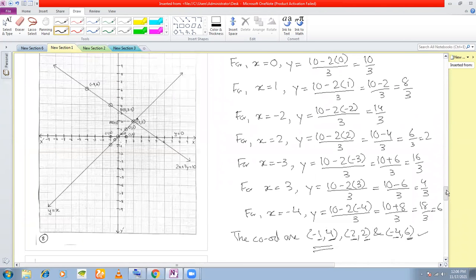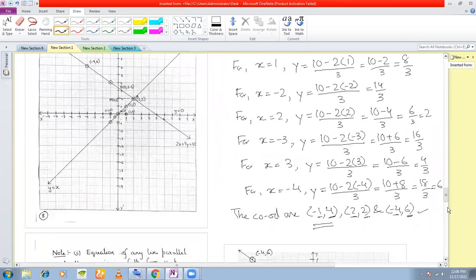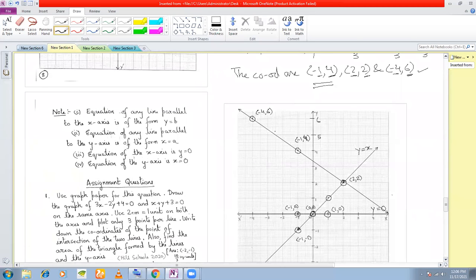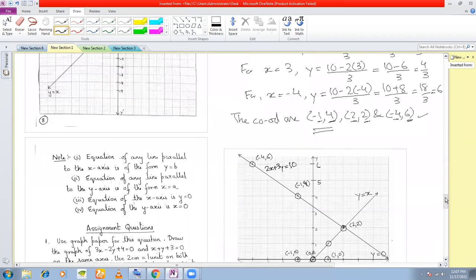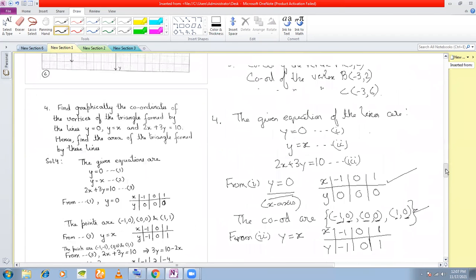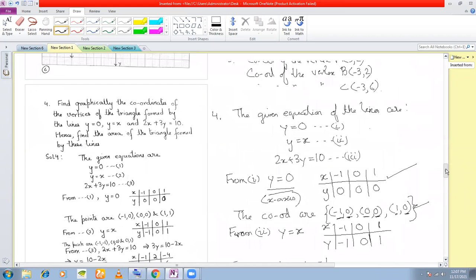Let's write the equation. What was the third equation here? 2x plus 3y is equal to 10. Fine. So all the 3 points we have plotted. Now let's see what the question is. Find graphically the coordinates of the vertices of the triangle formed by y is equal to 0, y is equal to x, and 2x plus 3y.